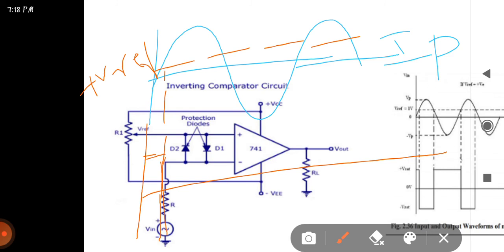If it is a positive cycle, a negative comes. If it is a negative half cycle, the positive comes.